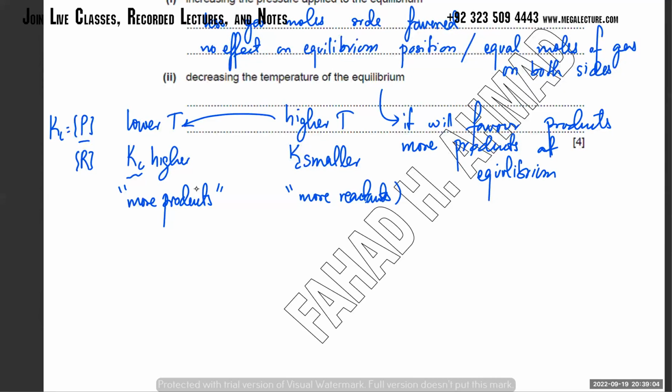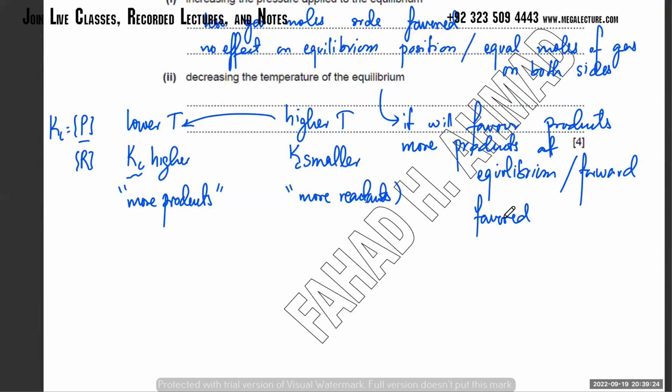Actually, they can also ask you, you're going to have more forward reaction. Is the forward reaction endothermic or exothermic? Exothermic. Because when you decrease temperature, which reaction gets favored? It's the exothermic reaction, right?